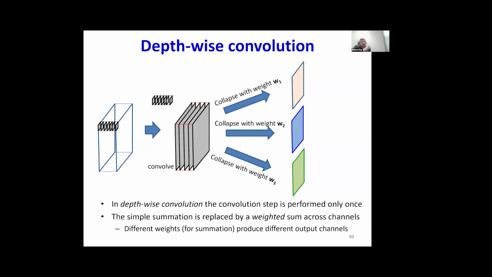So now, if I have 10 input channels, and if I want 3 output channels, how many convolutions am I performing? Anybody want to reply to this?